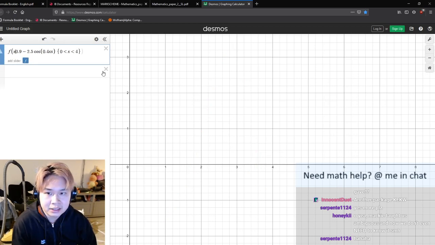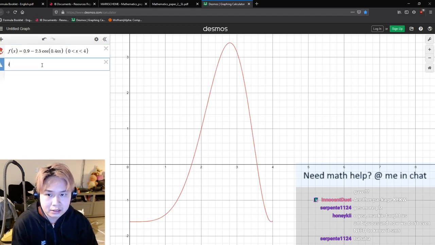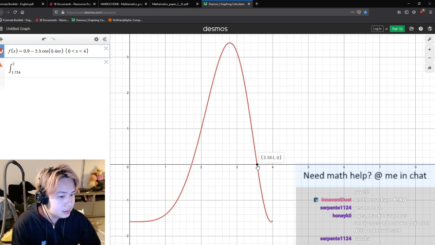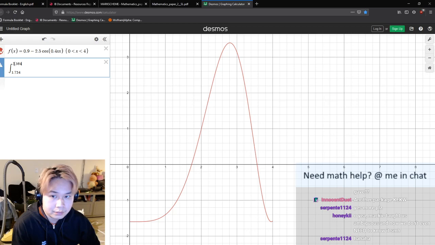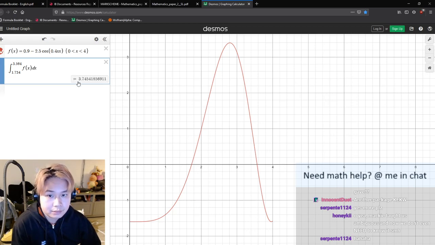So if I call this function x, then I can calculate the integral from this value, 1.734, to this value, 3.564, of my function. And there it goes into the calculator.